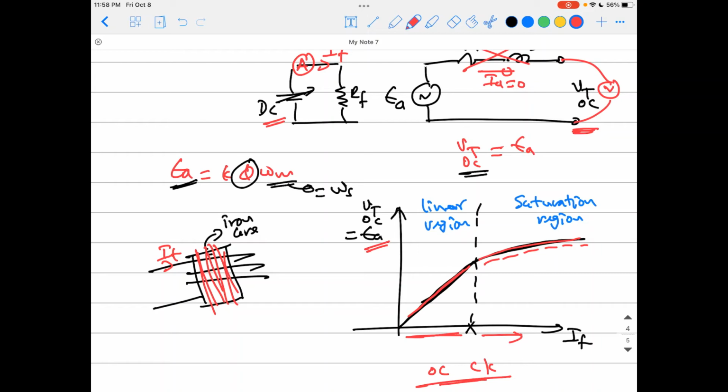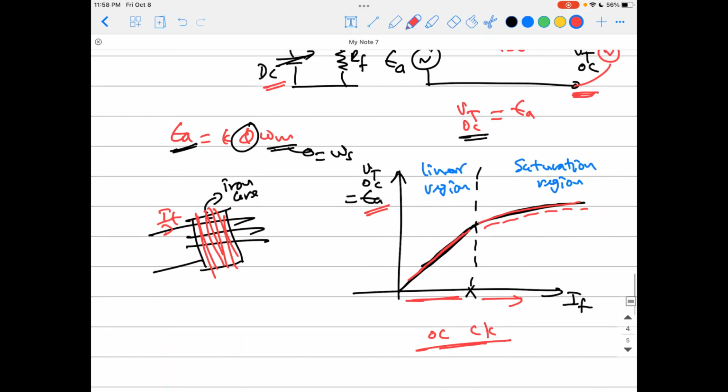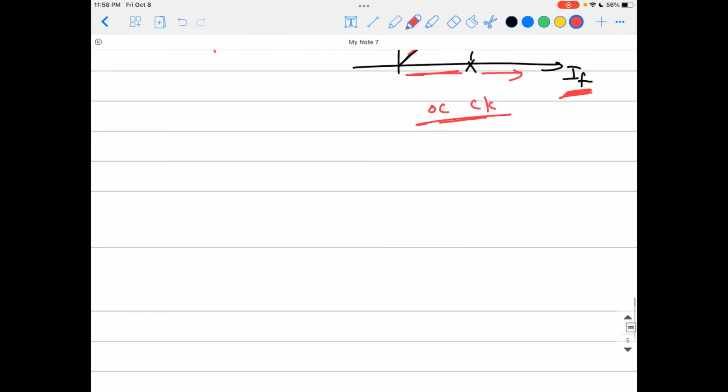So that is the way to find it, by plotting a relationship between it and the field current. Okay, and that's easy for now. If you know the field current you're talking about, you can just come to this characteristics and go to the curve and find the corresponding induced voltage, E_A. That is the only obvious way you can use it to find the induced voltage inside the machine. But we came here to find X_s.